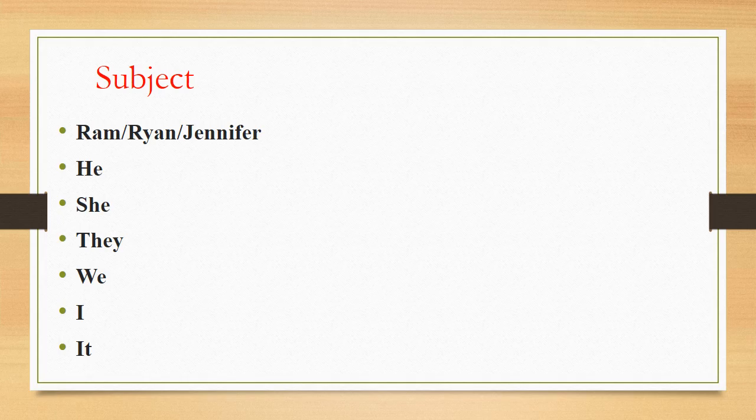She, they, we, I. If I want to talk about myself, I can become the subject. And naturally you write the subject first in any tense. What you want to talk about, you will always write it first. Any name or any pronoun can become your subject.